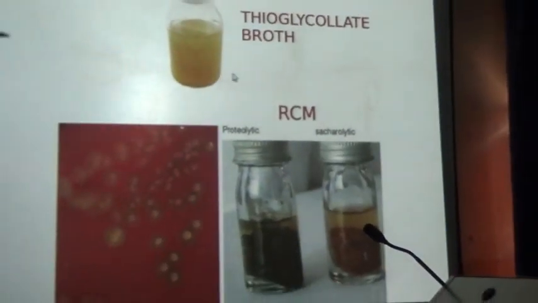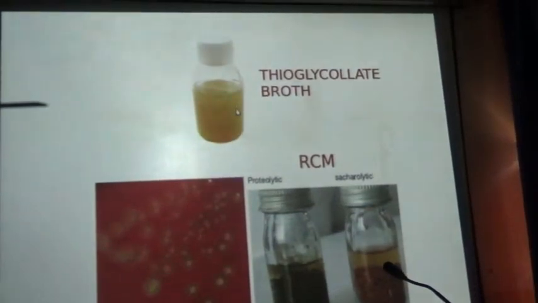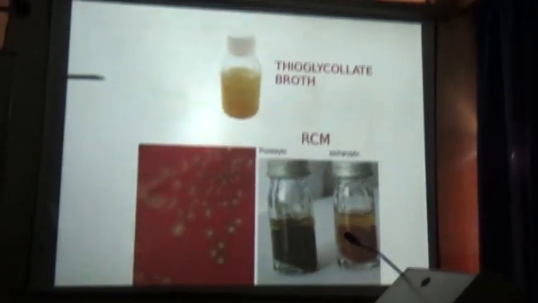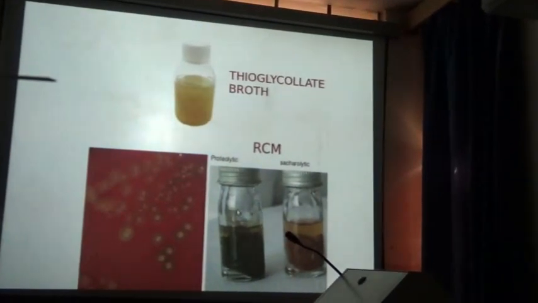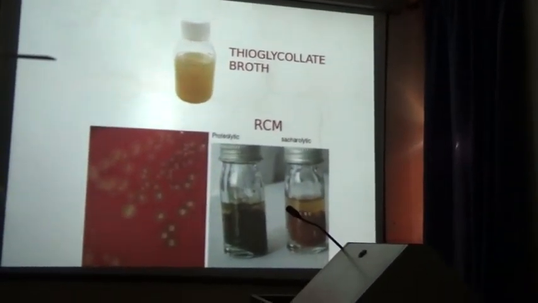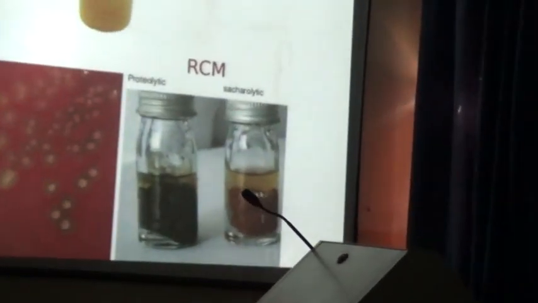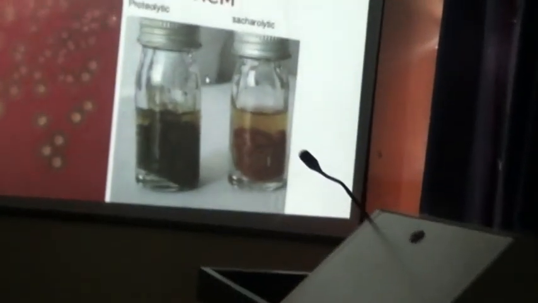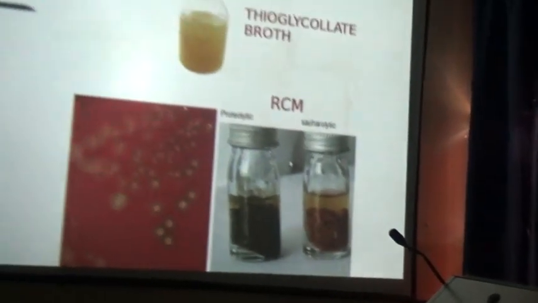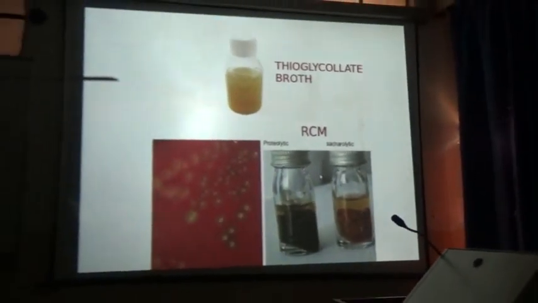This is again the thioglycolate broth containing the growth of the anaerobic bacteria. This is RCM, that is Robertson's cooked meat medium. There are two types. We should not be going into the saccharolytic and proteolytic part. We will do it when we study Clostridium.